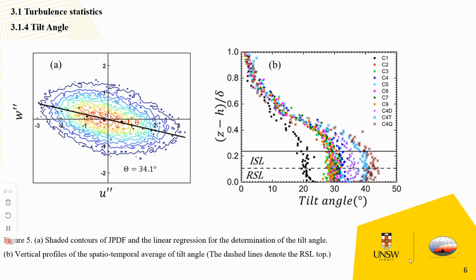In the outer layer, the difference is small and it converges to the TBL top, which means that the flow in the ISL and the outer layer is not much influenced by the urban canopy.